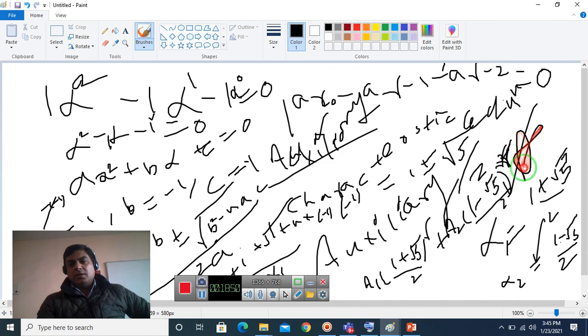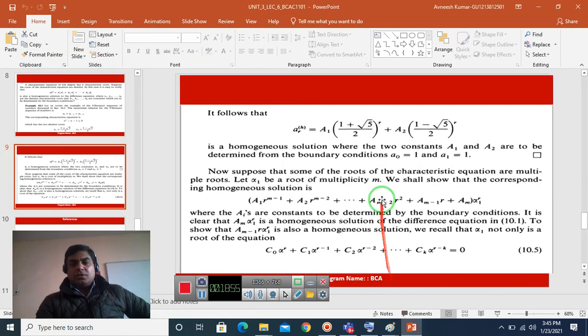So this is the final answer. We can show you in the PowerPoint. This is the final answer: constant times root to the power r plus constant times root to the power r will be the homogeneous solution of the Fibonacci series. Getting my point?